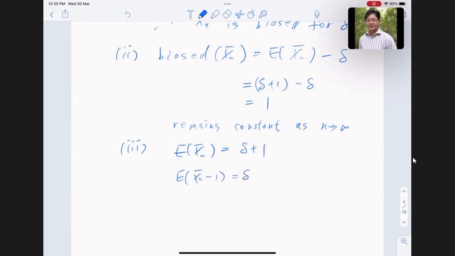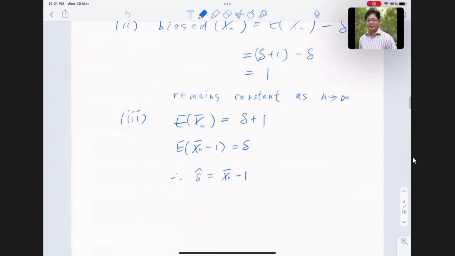And we will find that the sample mean minus 1 will be an unbiased estimator of delta. So if you use the sample mean minus 1, then this will become an unbiased estimator for the unknown parameter delta.